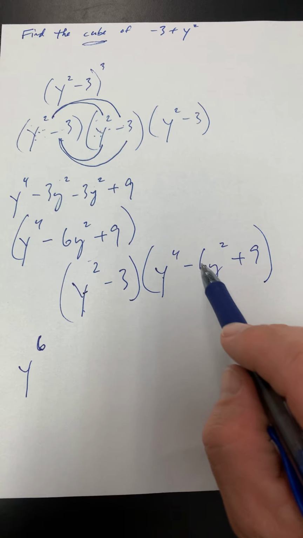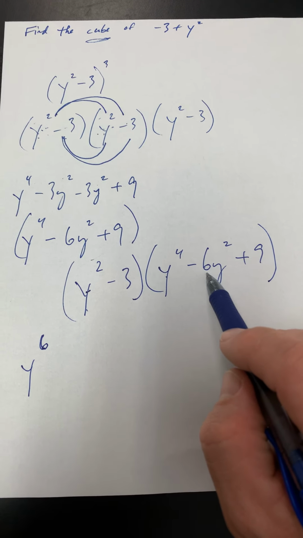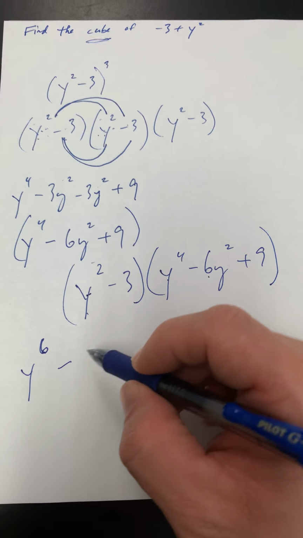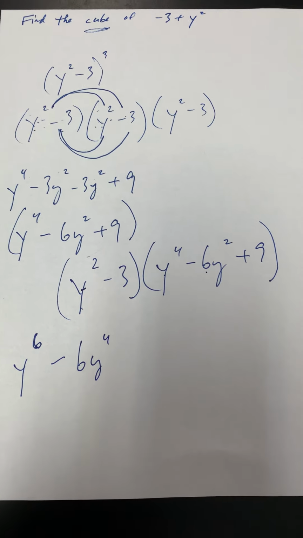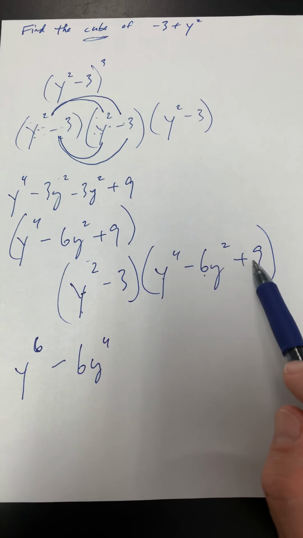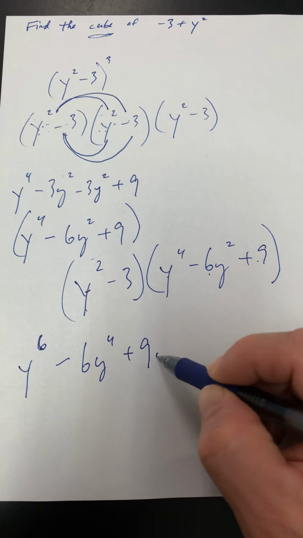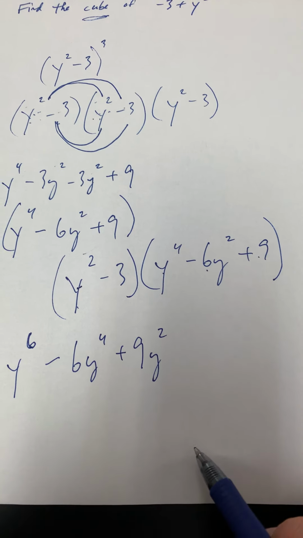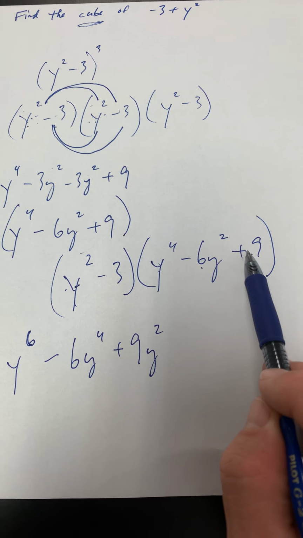Y squared times -6y squared gives us -6y to the fourth. Y squared times 9 gives us +9y squared. Okay, so we distributed the y squared to every term here.